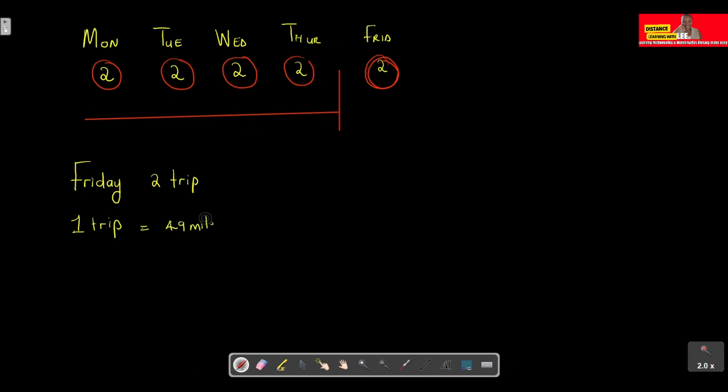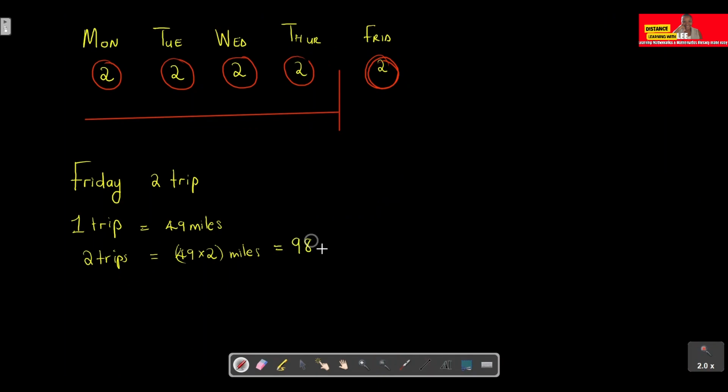How can we get 2 trips? You just multiply by 2. Therefore, 2 trips is 49 multiplied by 2, which gives your answer in miles: 98 miles.